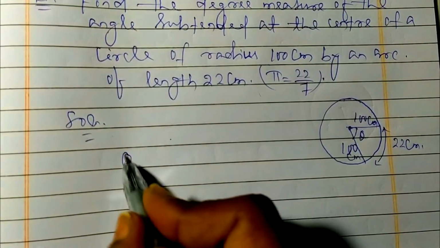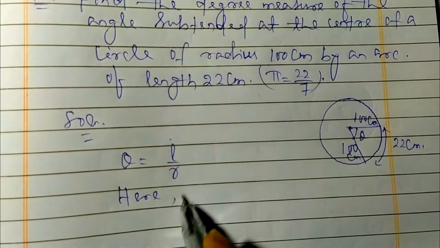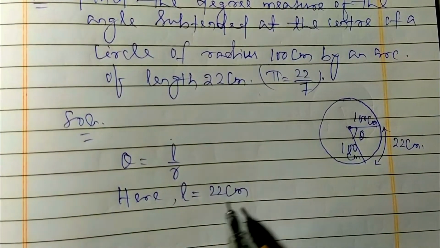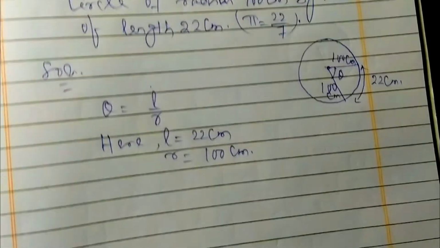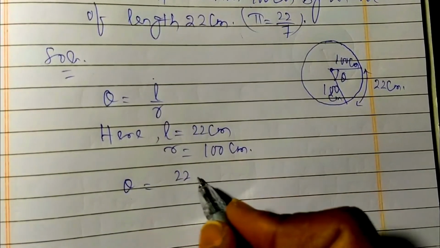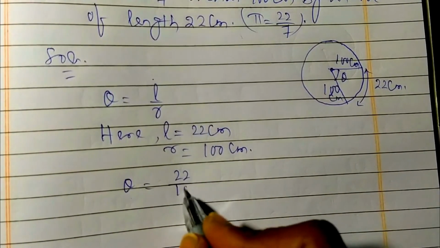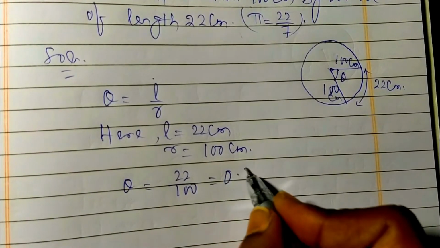We know that theta is equal to L by R. Here L is equal to 22 centimeter, R is equal to 100 centimeter. So theta is equal to 22 by 100, that means 0.22.